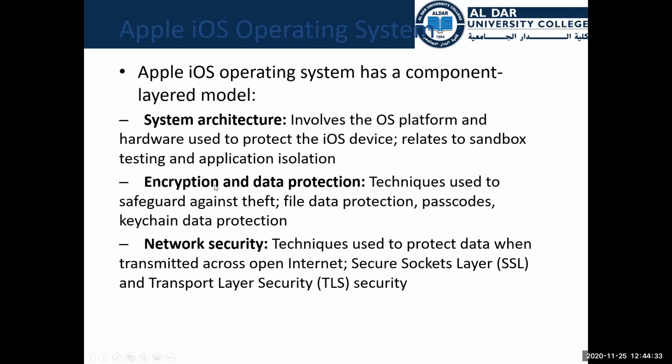The second part is encryption and data protection. Encryption and data protection means the way to protect the confidentiality and the integrity of data passing from point A to point B, or even from application A to application B. As I told you, there is some kind of inter-process communication between applications in all mobile operating systems.